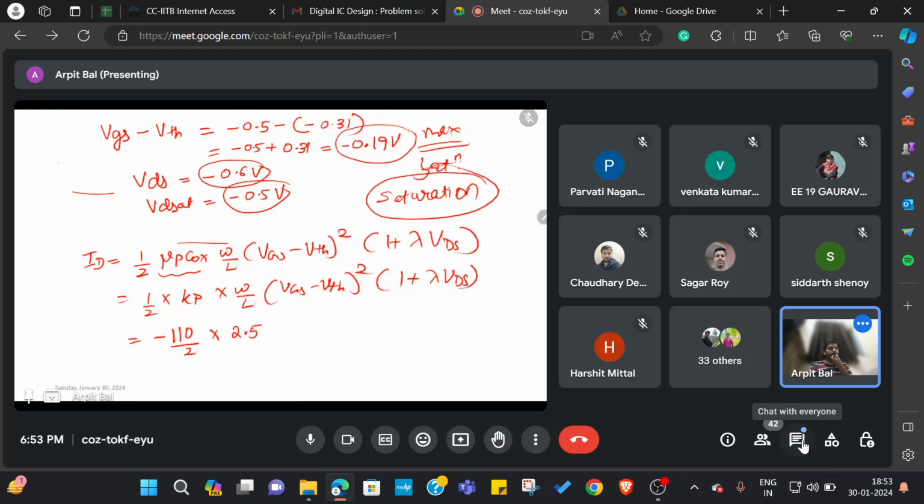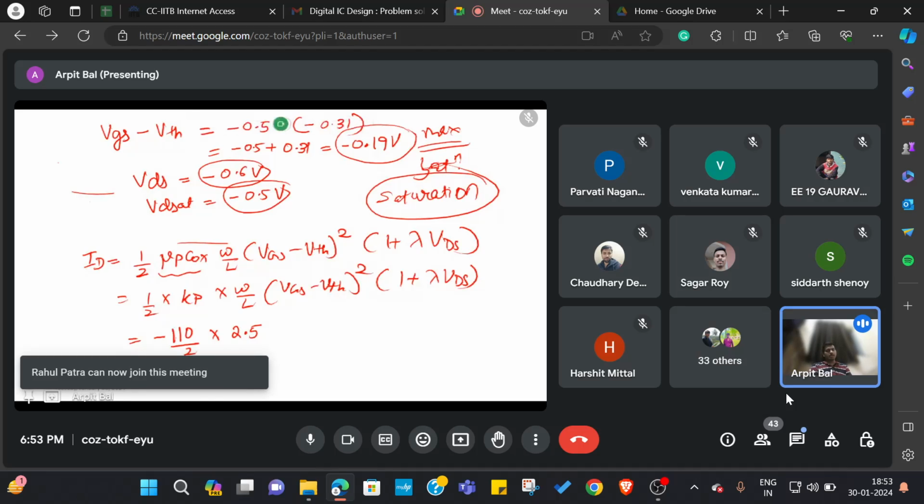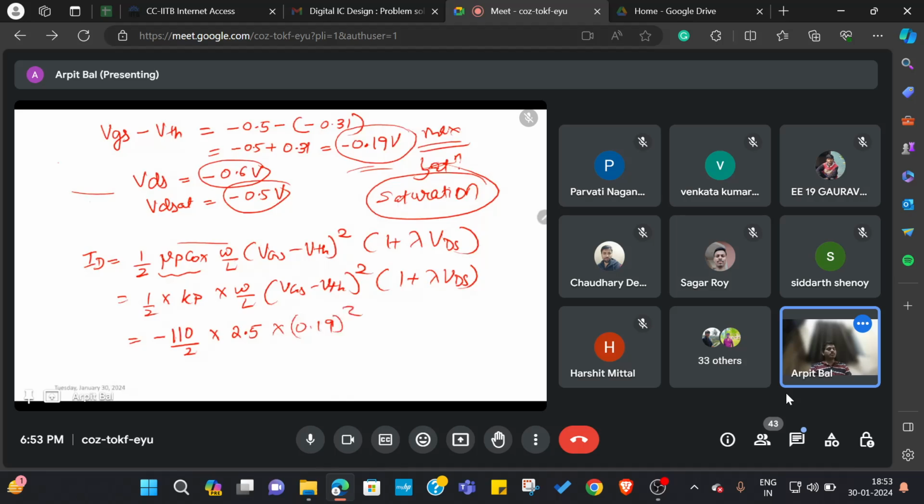And VGS minus VTH was 0.19 that we figured out. So this is into 0.19 square. There is a minus sign, but it is squared, so I just ignored the minus sign here.